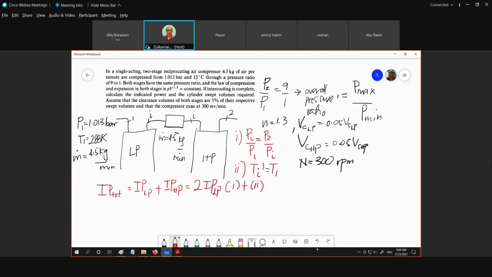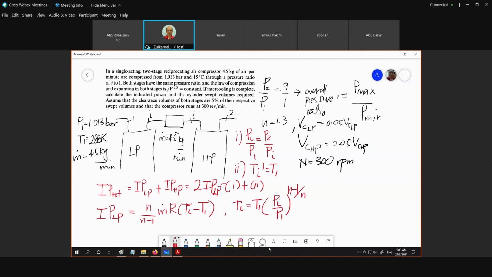So this is the equation. And fulfill this thing. Right? So apakah IP LP? IP LP is equal to n over n minus 1 m dot R (Ti minus T1). And what is Ti? Ti is equal to T1 (Pi over P1) to the power (n minus 1) over n.